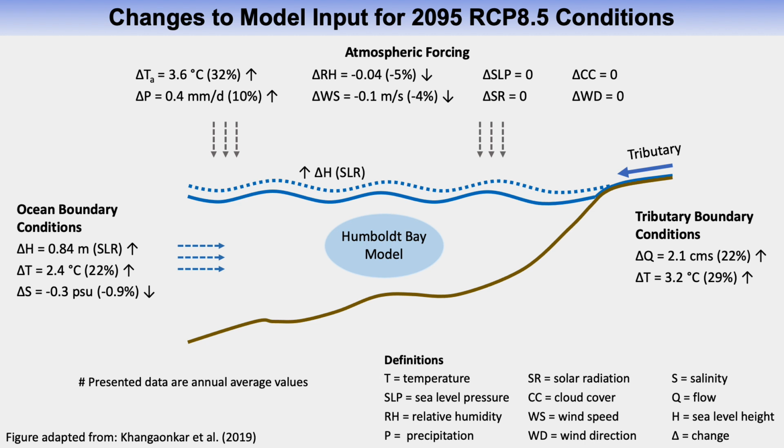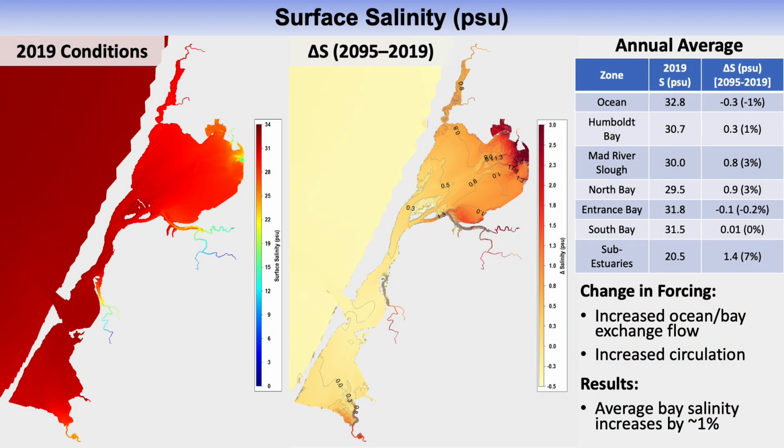So for the ocean boundary side, and these are annual average changes, in 2095 we're looking at about 0.8 meters of sea level rise, so about 2.7 feet. The expected ocean temperature is going to increase by about 2.4 degrees C, so I'm going to let that gel for a sec. And then salinities are actually expected to decrease by about 1%, and that's just due to all the fresh water entering the ocean.